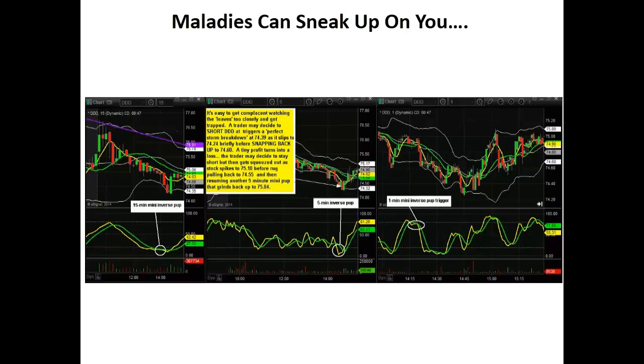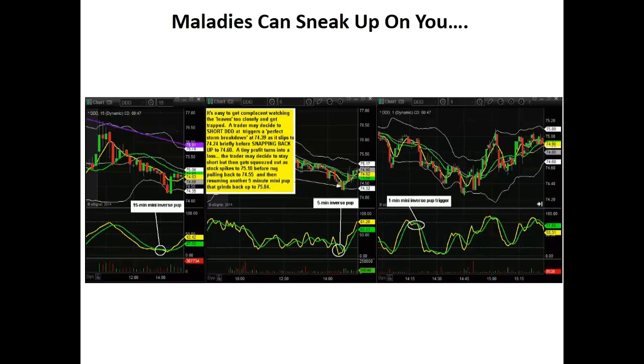But see, when you get to that situation, that's when it's easy to lose sight of what your original premises were. If it's a 15-minute mini inverse pup and a 5-minute mini inverse pup, those are valid premises. But it's at that point you got to ask yourself, do those premises still hold water? And the answer is no. 5-minute cross back up.